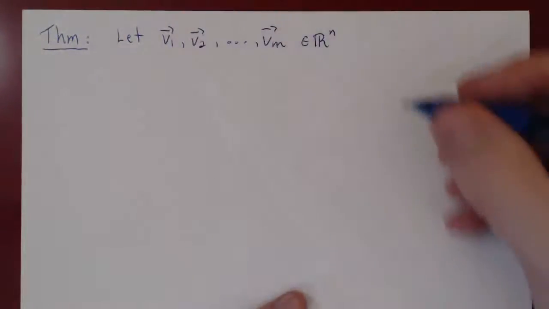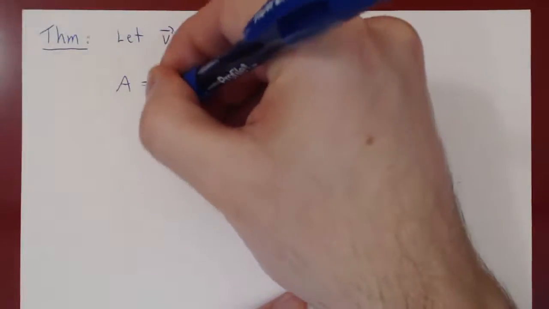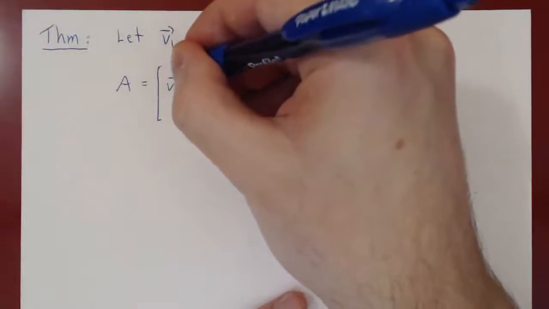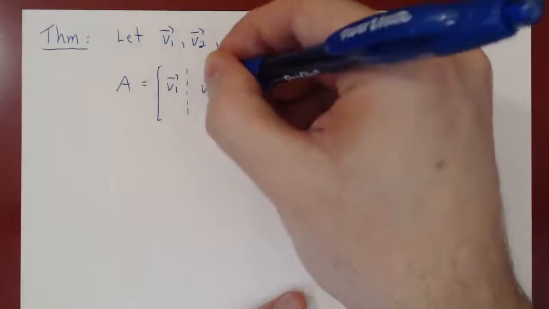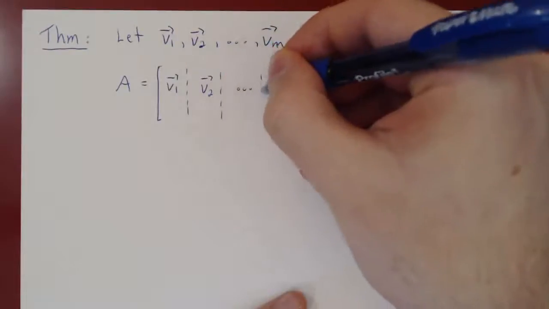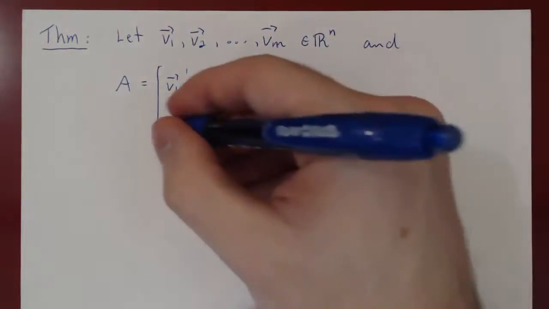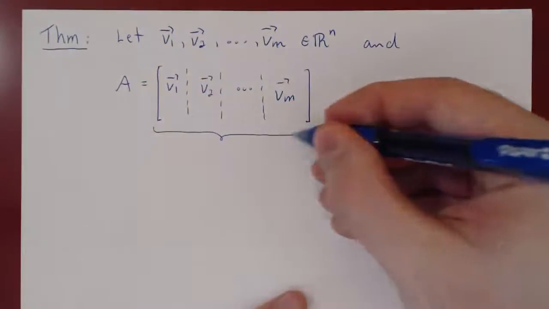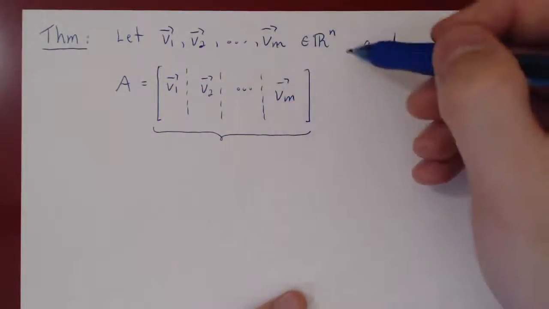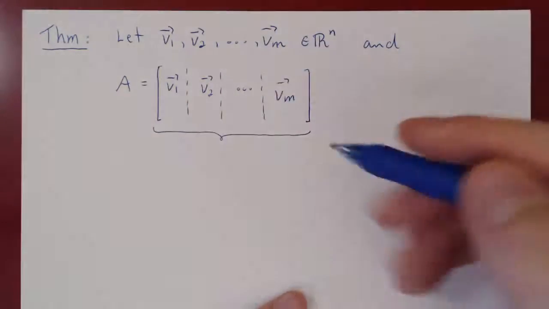So let these be m vectors, and the matrix A be built one column at a time using these m vectors. And recall that because these are vectors in Rn, they have length n, so this is an n by m matrix.